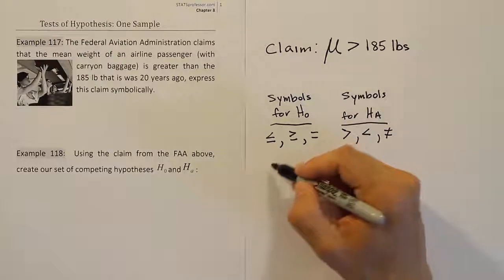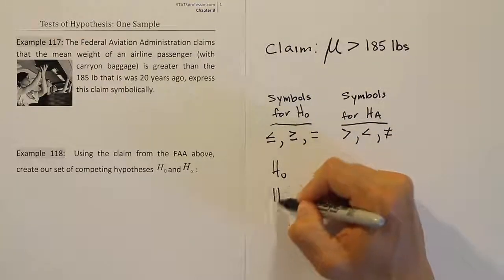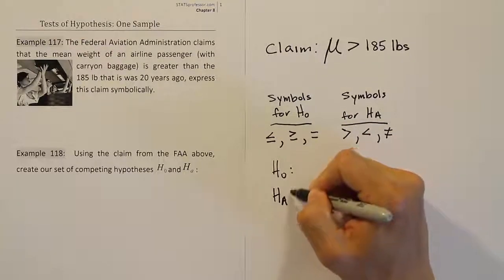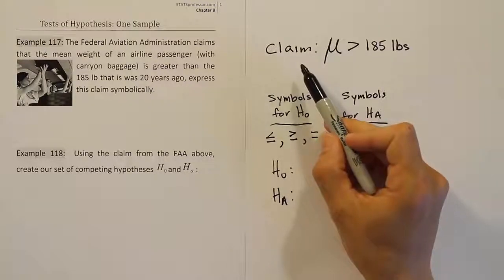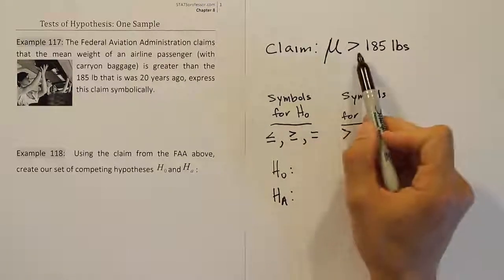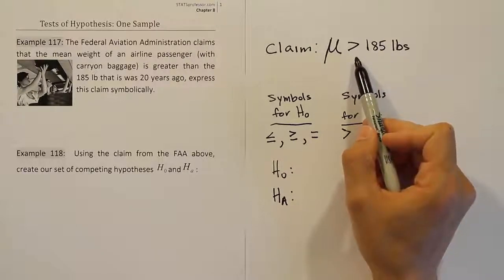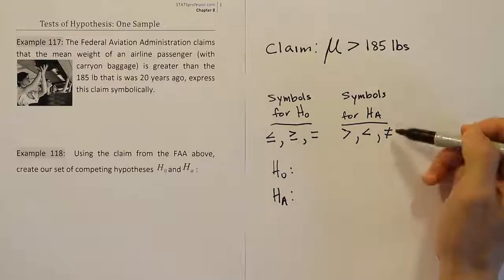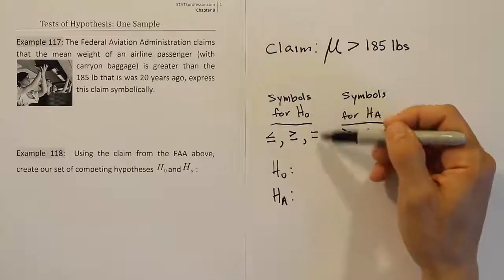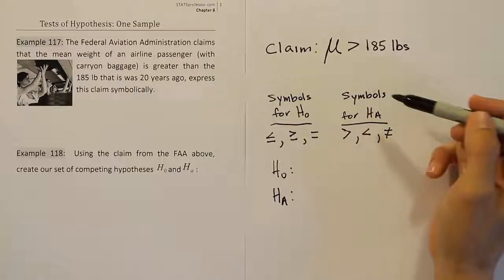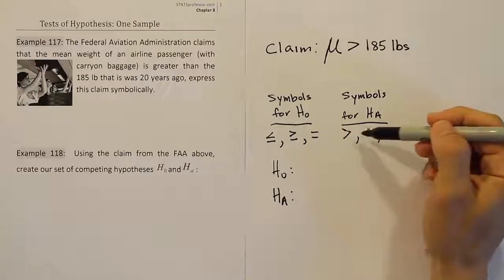Now, the way we're going to figure out H0 and HA for this particular problem is pretty simple. We're going to look at the claim. And we're going to ask ourselves a question about the symbol used in the claim. We're going to say, hey, that symbol that's used in the claim, is it a symbol that HA would normally use, or is it a symbol that H0 would normally use? And when you look at that symbol, you see the answer is clearly that it's one of HA's symbols, right?